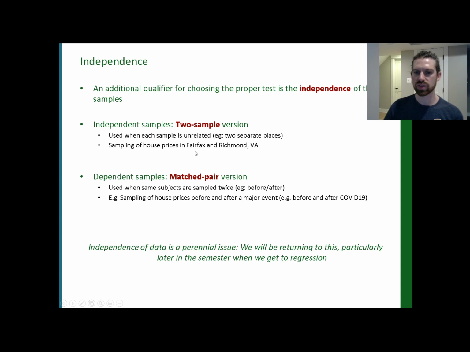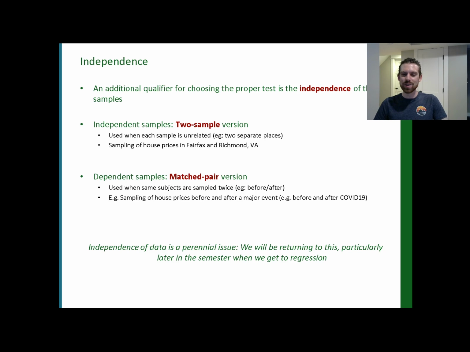I mentioned already we could sample 2 different places, whereas the matched pair version is where we use the same people or the same properties before or after an event. Okay, so this matched pairs version is more commonly used if we maybe have time series data, so there's some sort of temporal dimension to it. Whereas this 2-sample independent version could relate to time, it could be related to space, so it could be different phenomena altogether. So independence of data is an issue which we persistently come across within statistics, okay?